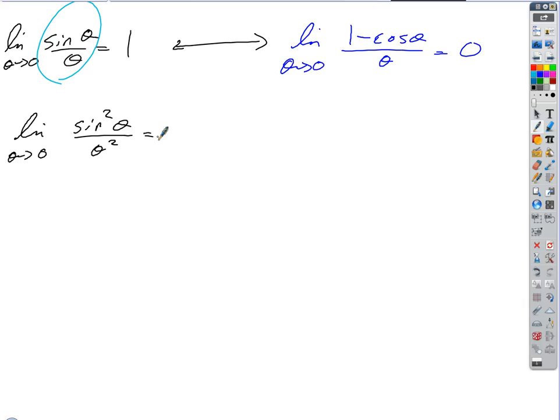But we can rewrite sine squared theta as 1 minus cosine squared theta. This is one way we could do this. Okay, so sine squared theta is the same as 1 minus cosine squared theta, right? Everybody agree? Okay.